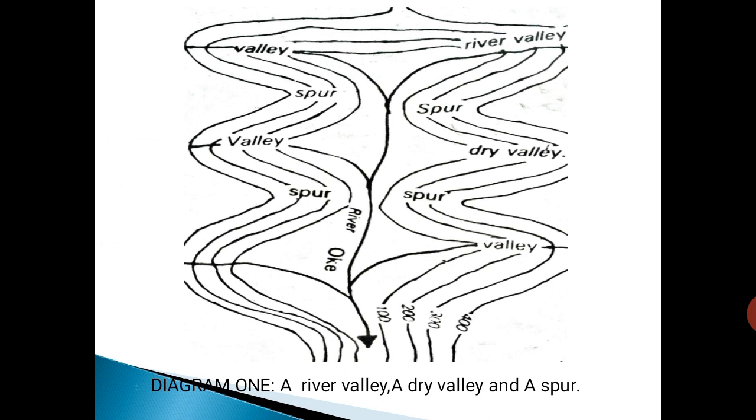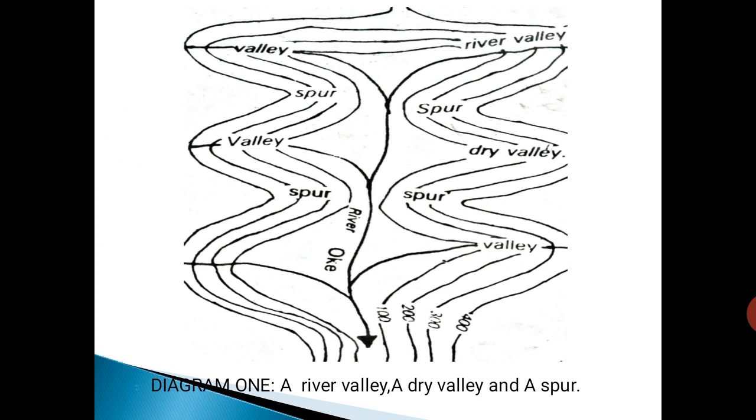Now, the valley in between the two highlands, one to the eastern side of the river Oke and the other one to the western side, is a typical example of a valley that the river Oke is flowing through. Towards the extreme northeastern axis, we can see that water is flowing through that particular valley, which is called a river valley.